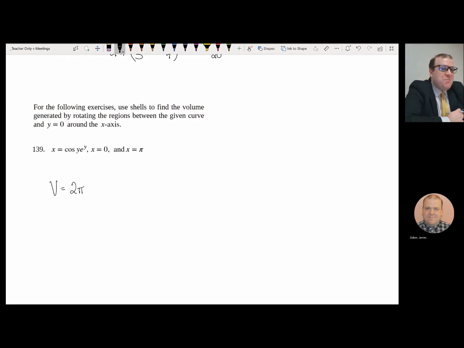I'm going to assume what they meant was e to the y times cosine of y. Because if it was cosine of y times e to the y, all y e to the y, you're taking the cosine of that, that would require numerical integration. Right? That does not have an analytic antiderivative. Versus e to the y times cosine of y does.